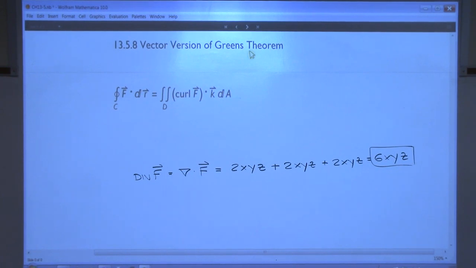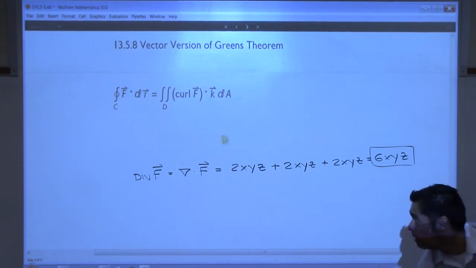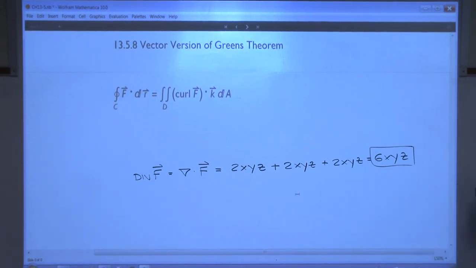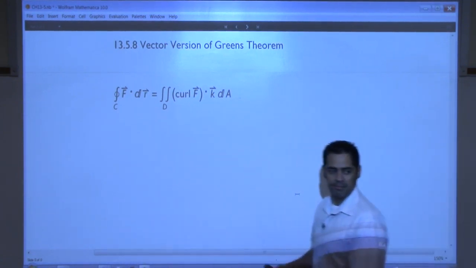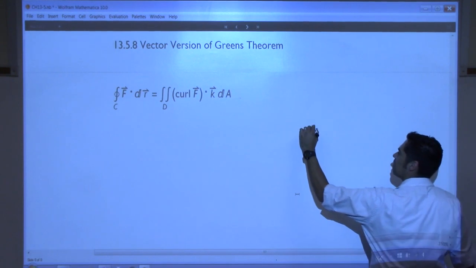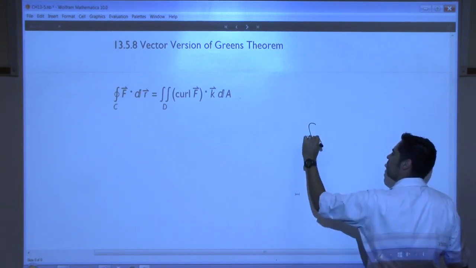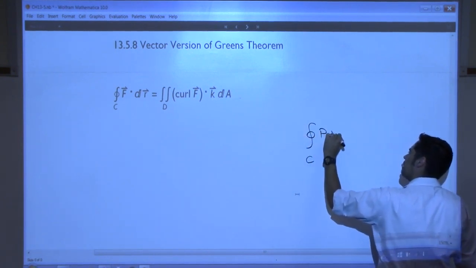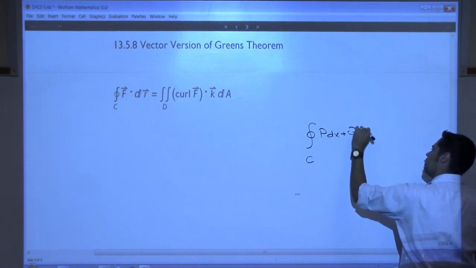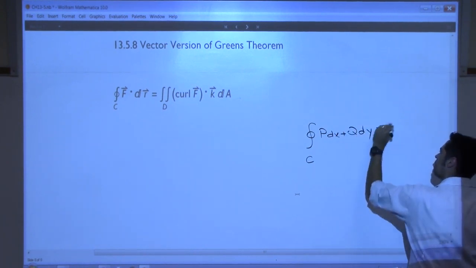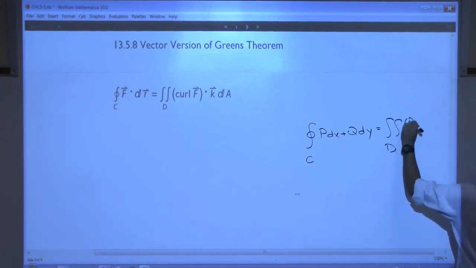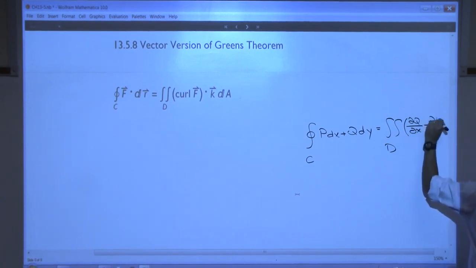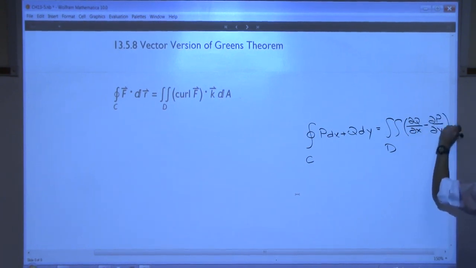Now, this is going to look weird. But remember Green's theorem, right? Green's theorem says that the line integral along closed curve C, P dx plus Q dy, is equal to the double integral over the region D that C encloses of partial Q with respect to x minus partial P with respect to y dA, right?